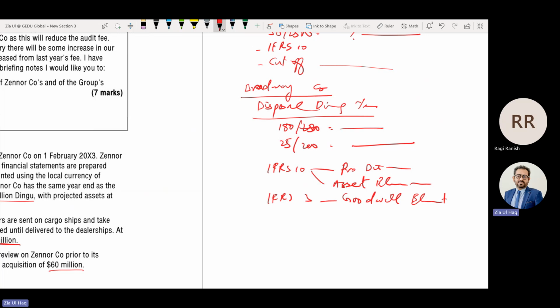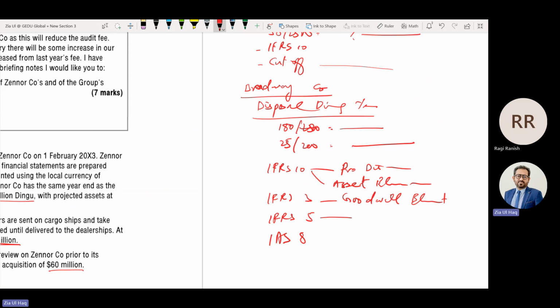Then for IFRS 5, detailed disclosure of a significant discontinued operation must be provided in the financial statements. In case of no disclosure, the financial statements could be misstated. And this 25 million profit is significant. There is accounting standard IAS 8, on accounting policy change and estimate change, which requires disclosure about a policy change or estimate change.